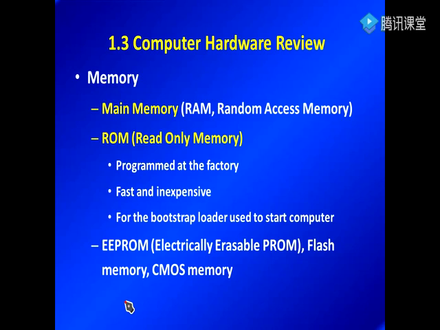Main memory, usually it's random access memory. And for the notebook, we know that main memory will lose all the data in it if the power is off.